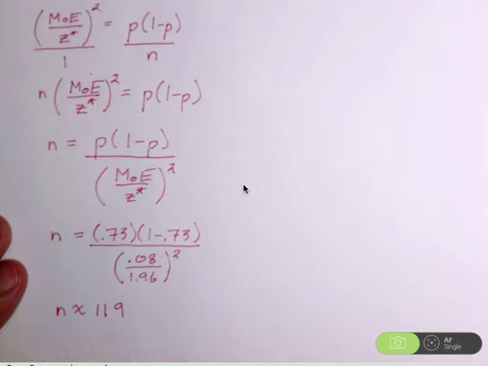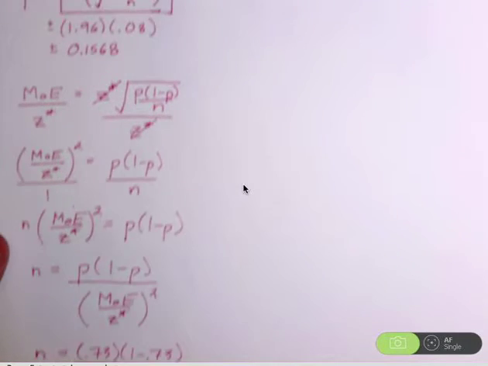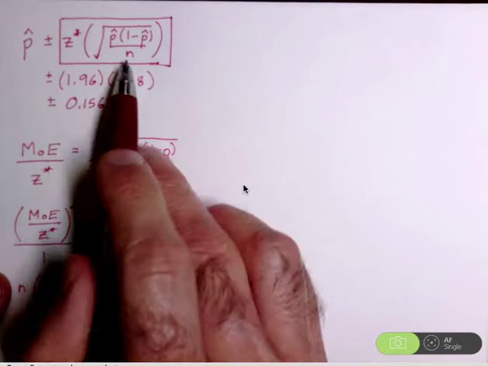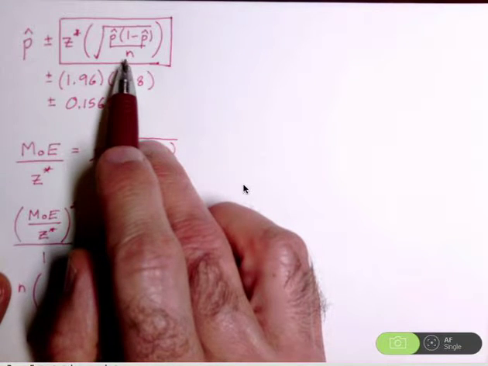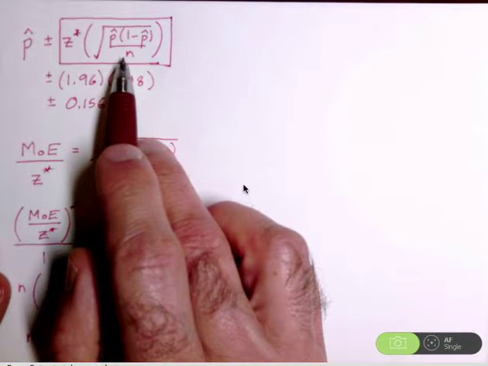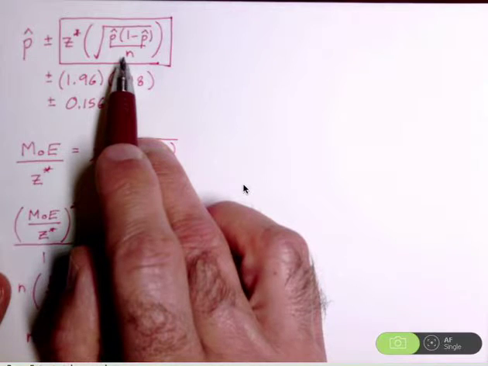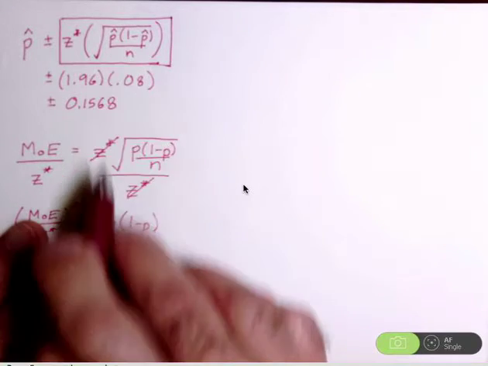Now, something interesting that I would like you to notice, if we go back to the formula, take a look at this. Notice that the sample size is in the denominator. So if I want to cut my margin of error in half, that really is the same thing. Well, here, let me write it out.